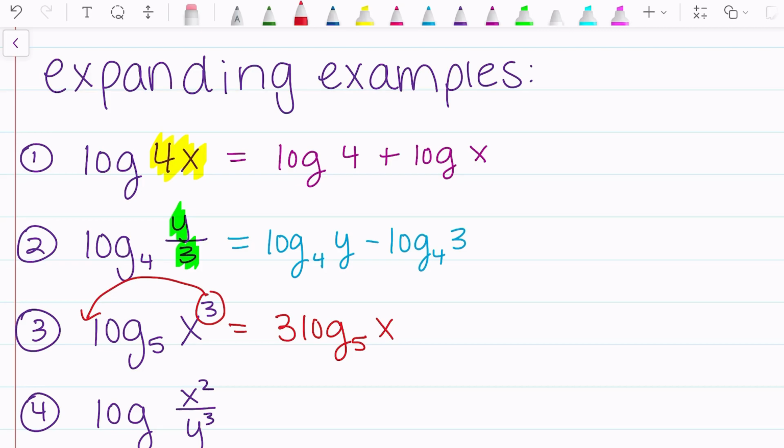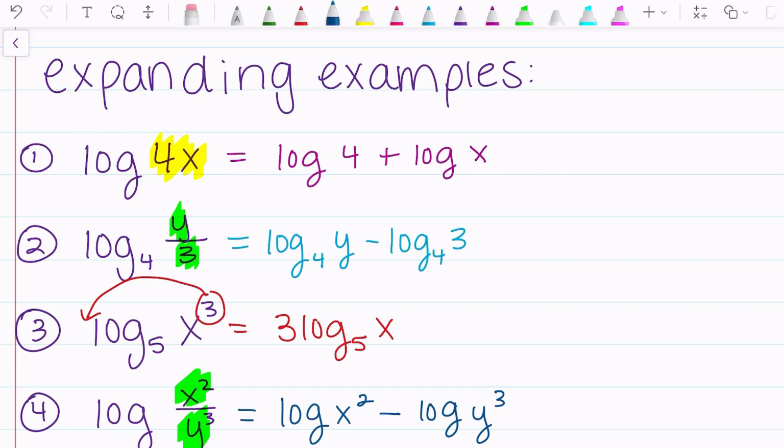All right, number 4 is a multi-step. Here we have division. We're dividing x squared and y to the 3rd. So I'm going to start by writing it as subtraction. So I have log of x squared minus log of y to the 3rd.